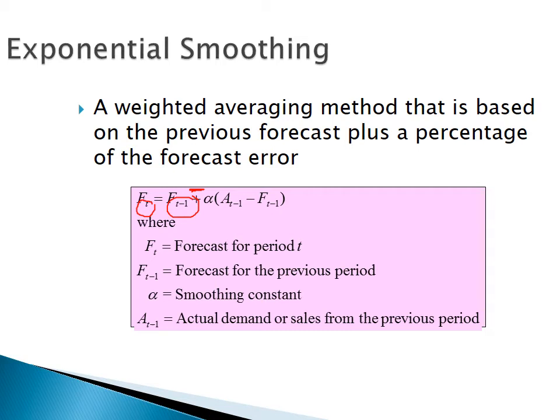So minus alpha t minus alpha at minus 1 ft minus 1. Now this term over here is the error term. Okay, and that is exponential smoothing.